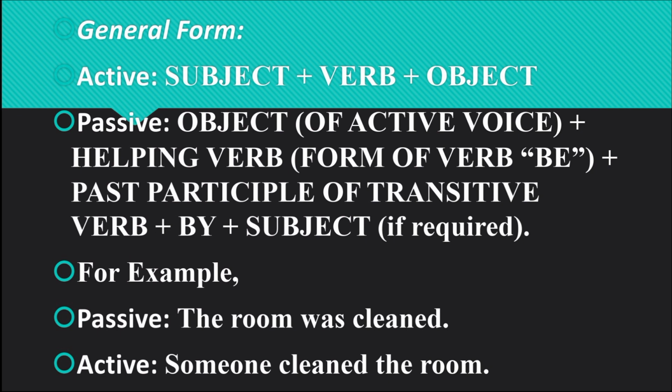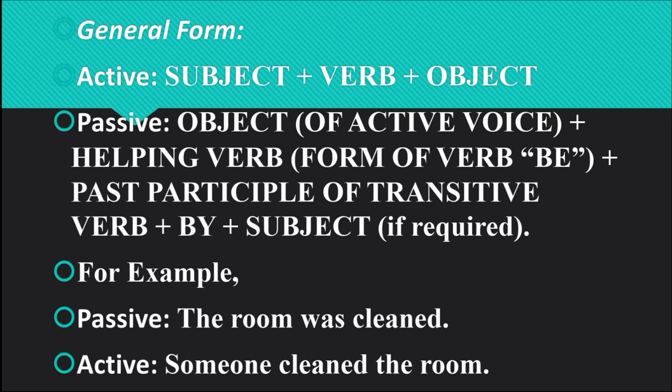Now let's discuss the general form of active voice. Active voice is subject plus verb plus object. When we are converting active into passive voice, the subject of the active voice will become the object of the passive voice, and the object of the active voice will become the subject of the passive voice.